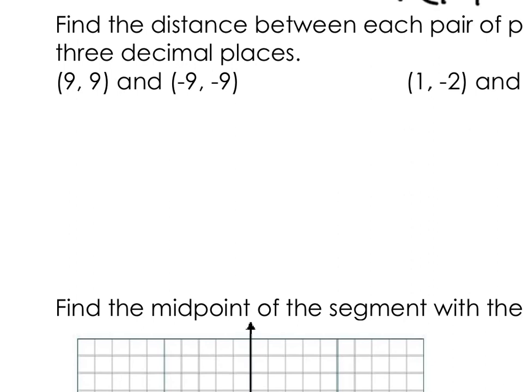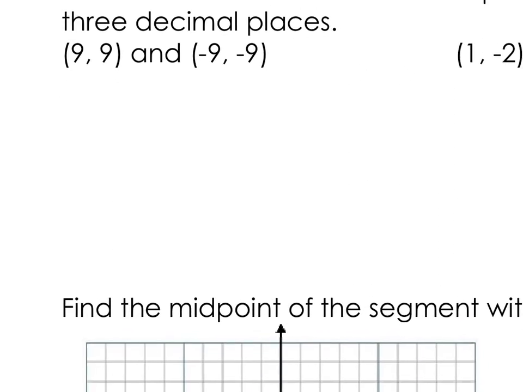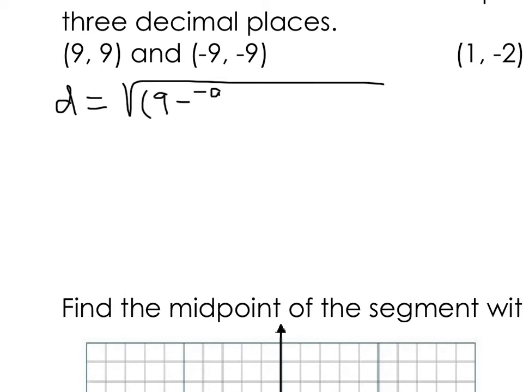Let's use that equation to calculate these distances. The distance between (9, 9) and (-9, -9). So we want to take the square root of the difference between the x values squared plus the difference between the y values squared.